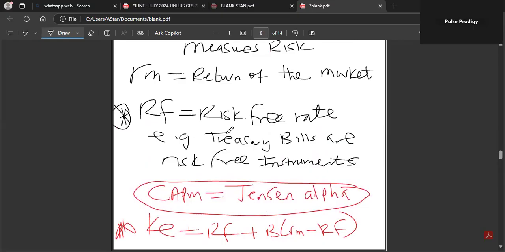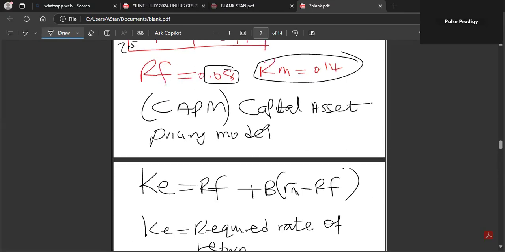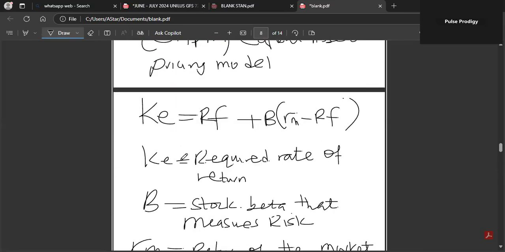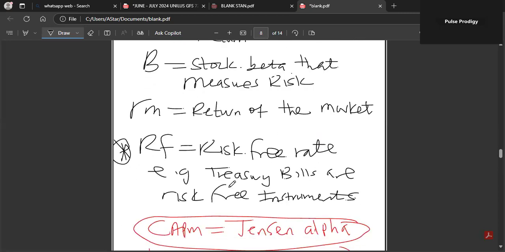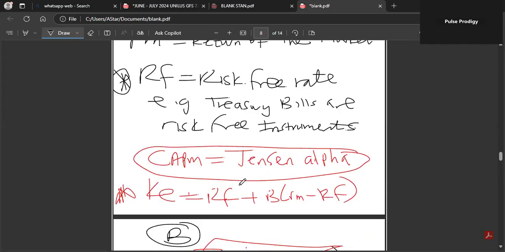It's also called the capital asset pricing model, which requires the use of K, the required rate of return, beta, the stock beta that measures risk, the return of the market, then RF, the risk-free security, e.g. treasury bills that are issued by the government through Bank of Zambia. They want to raise short-term finance. So CAPM is also called Jensen's alpha.